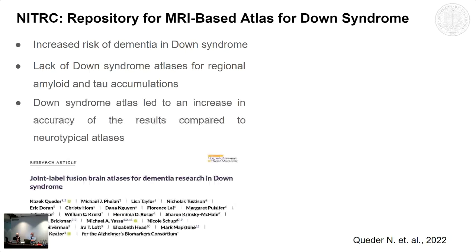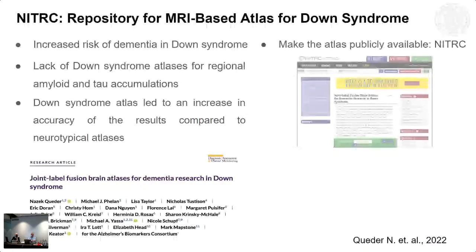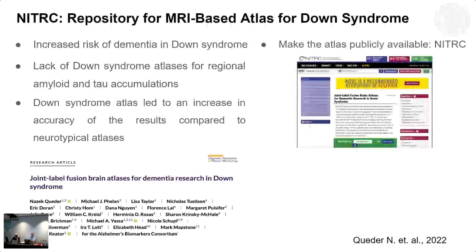As I mentioned, we chose to use NITRC to upload our brain atlas, and NITRC allowed us to include a brief description of our atlas in the repository, manage the brain atlas, and have a discussion around it with other scientists.